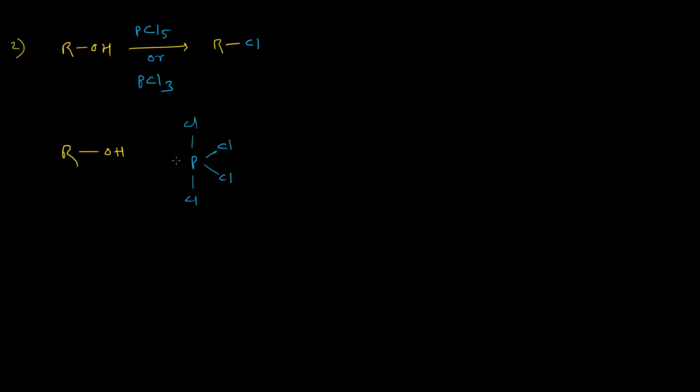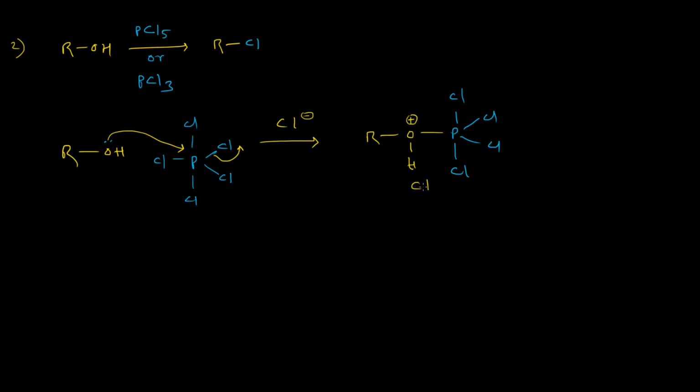So this is basically the structure of PCl5, and this OH group will essentially attack this phosphorus center, displacing 1 Cl minus, and thereby this particular intermediate will form. So oxygen will be positively charged and the chloride will remain in vicinity as a counter anion.